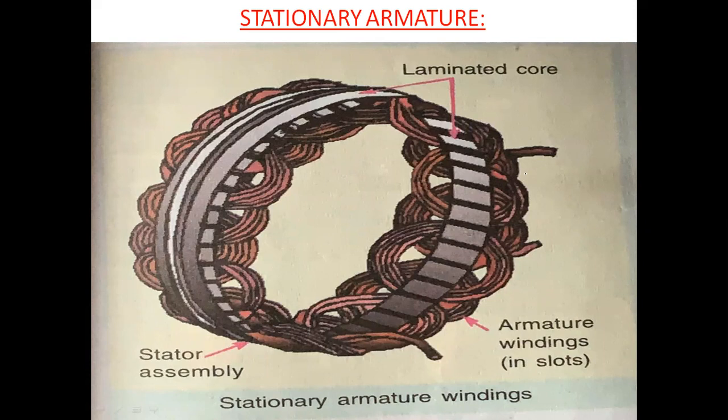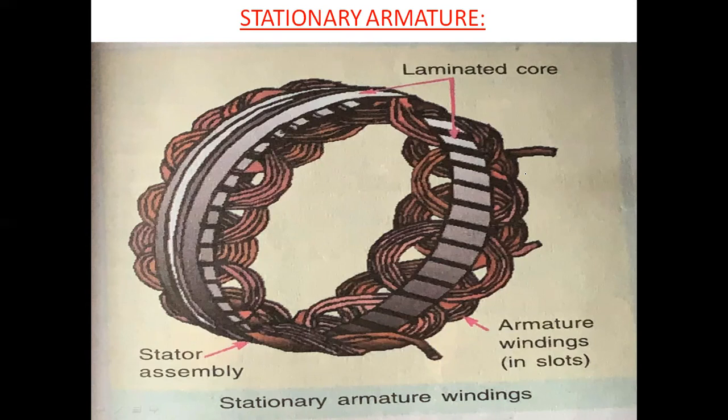And the last advantage is that the armature windings are easily braced to prevent any deformation, because while rotating the armature, there would be some mechanical stress on the armature, right? As we are taking only a stationary armature here, the windings are easily braced to prevent any deformation produced by mechanical stresses.